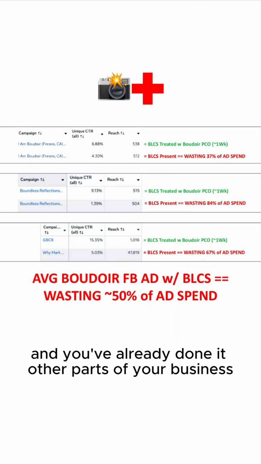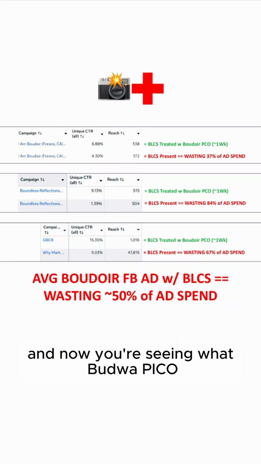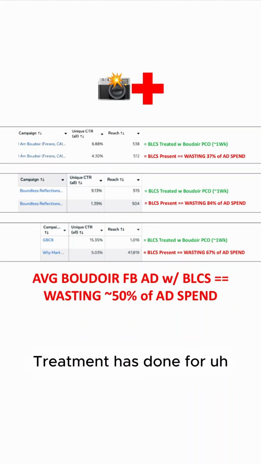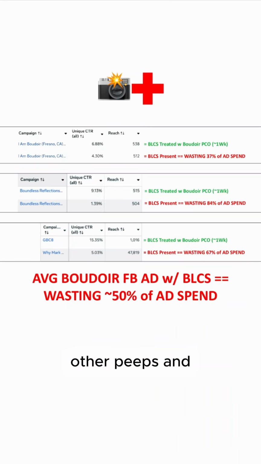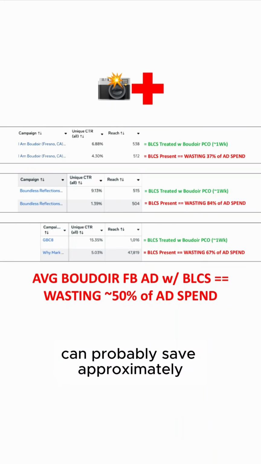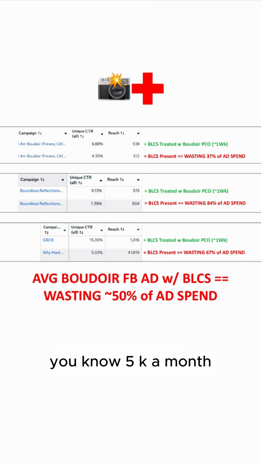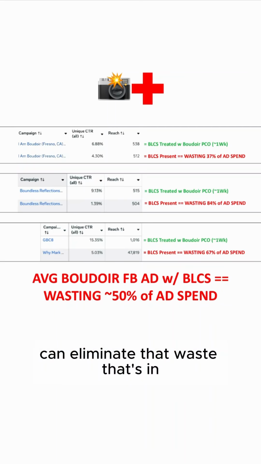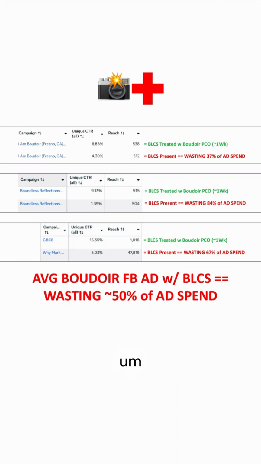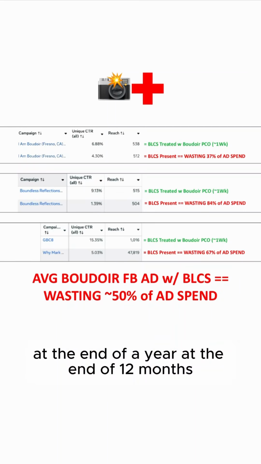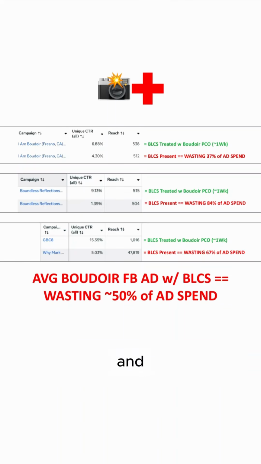You've already done it in other parts of your business, and now you're seeing what Boudoir Pico treatment has done for other Boudoir Facebook ads, other peeps, and you've already seen it can probably save approximately 5K a month. You can eliminate that wasted ad spend back into your pocket every single month, and that'd be approximately 60K at the end of a year, at the end of 12 months.